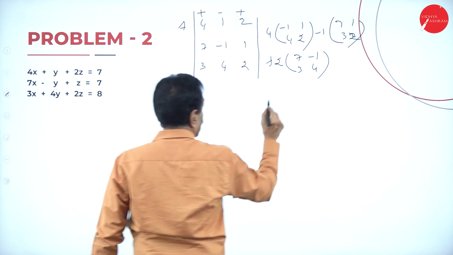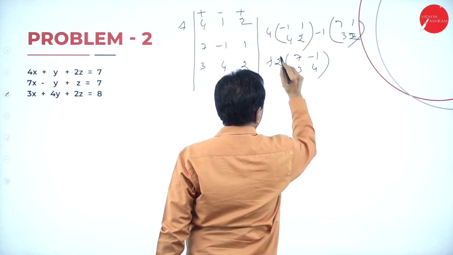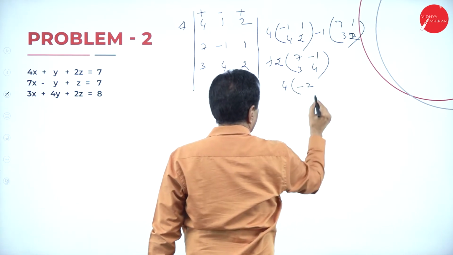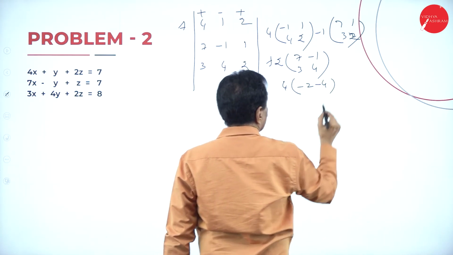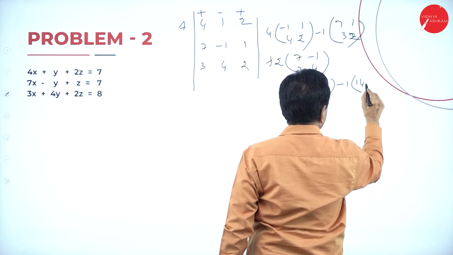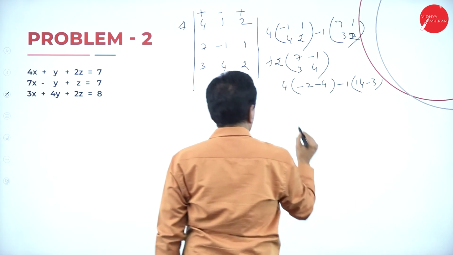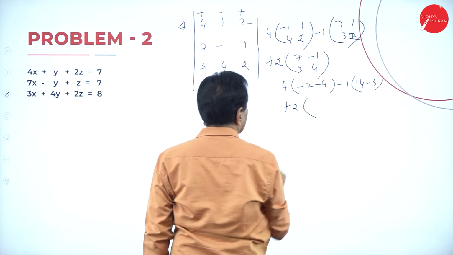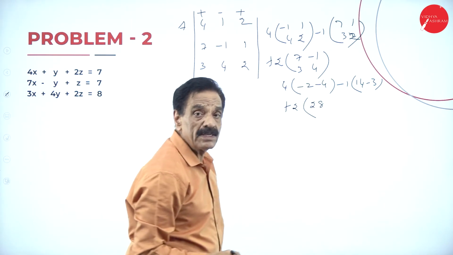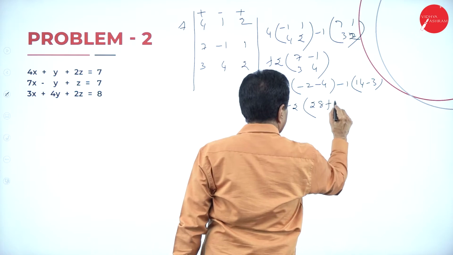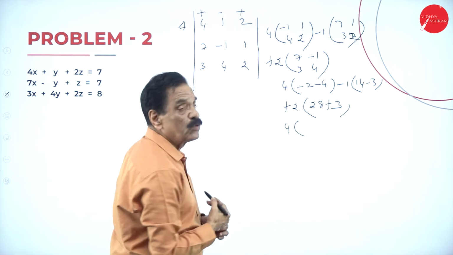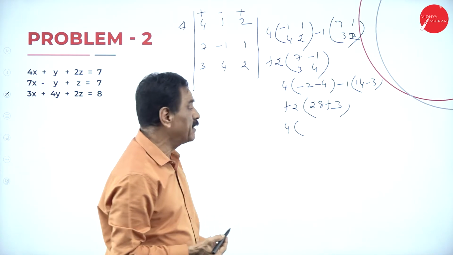4, 1 2s are minus 2, 4 1s are plus 4 become minus 4, minus 1, 7 2s are 14, minus 3, plus 2, 7 4s are 28, 3 1s are minus 3 become plus 3. Simplify. 4 minus 2, minus can be added.